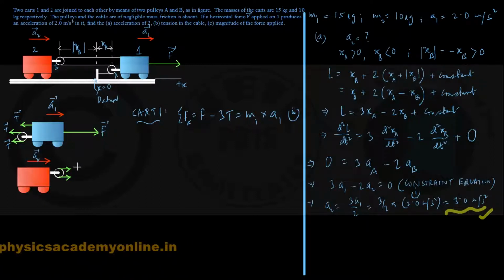Vectorially, let me call these forces of tension as minus T each of them, because these tensions and these tensions have the same magnitude but opposite direction.